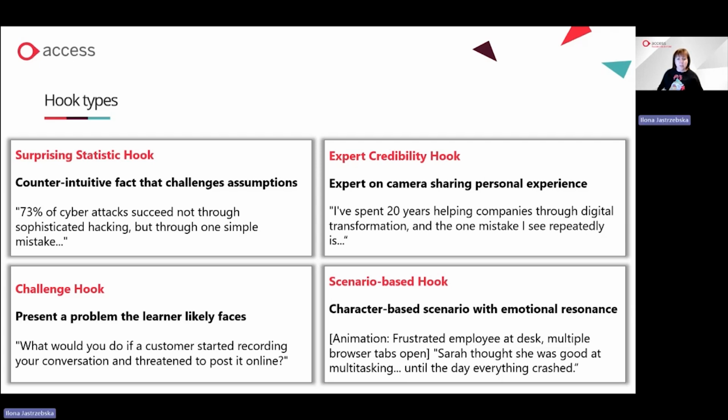The next one is a challenge hook. This is where you pose a problem to the learner that they are likely to face in their day-to-day. And the final one is scenario-based, which is about telling a relatable story with emotional resonance. These are all simple but powerful, and you can combine them with the Spark for even more impact.